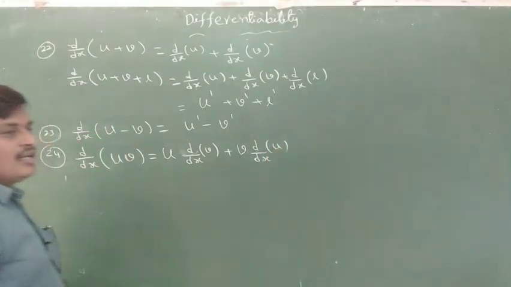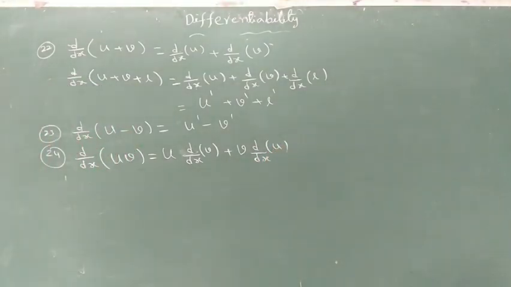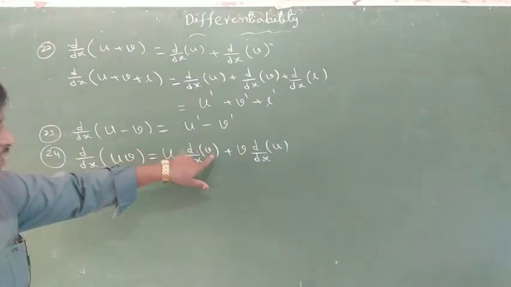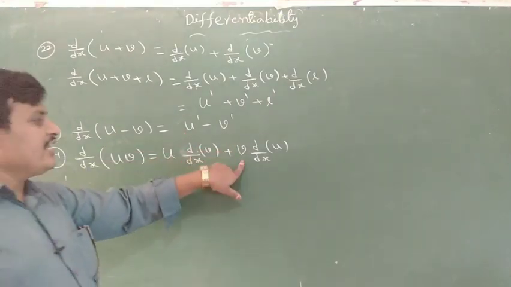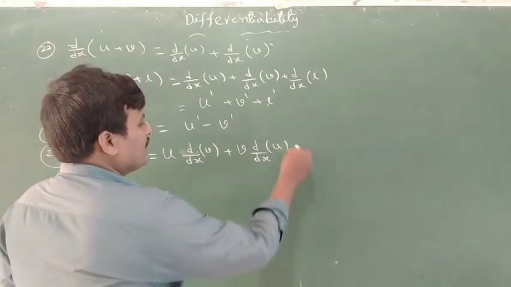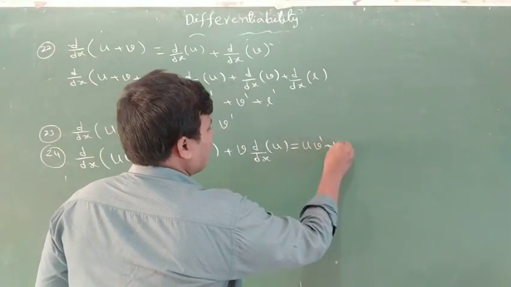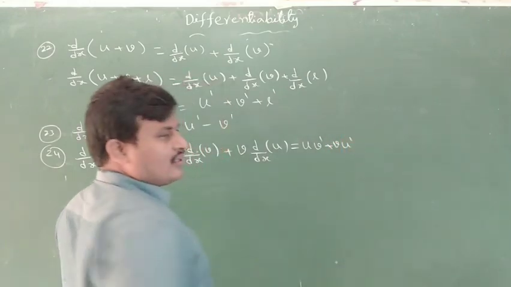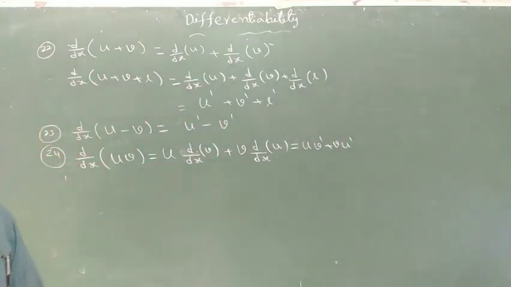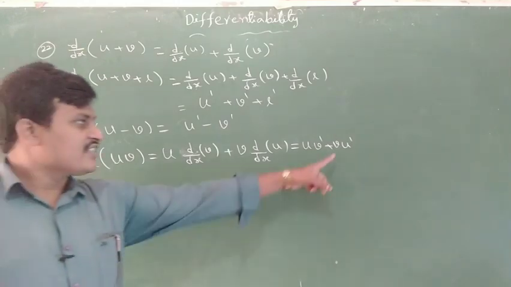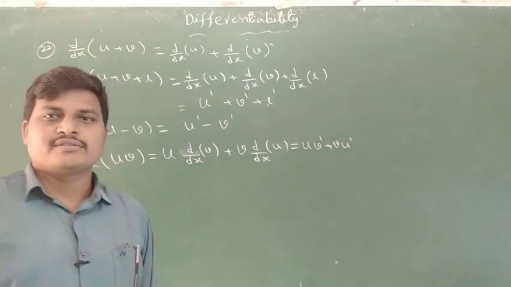This is the derivative of u into v formula, a very popular and important formula. Derivative of u into v is equal to u into derivative of v plus v into derivative of u, simply u v dash plus v u dash.